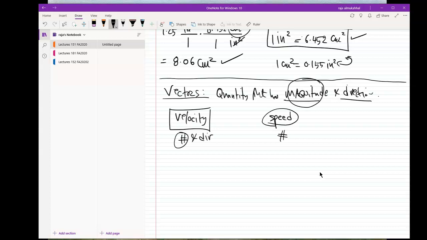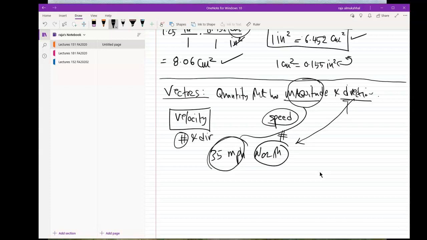So when we say 35 miles per hour north, this is the direction, and this number right here is the magnitude. So the speed is this number only. But when you add direction to it, immediately it becomes a velocity. Got it? Okay, so velocity is a vector. Why? Because vectors have magnitude and direction.